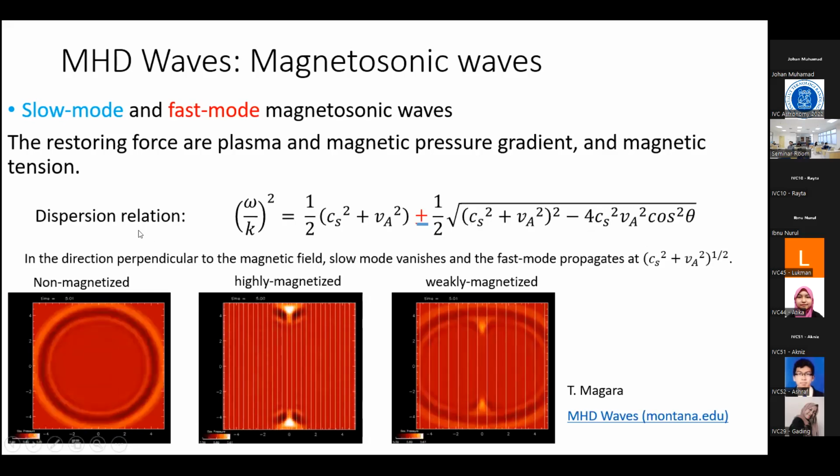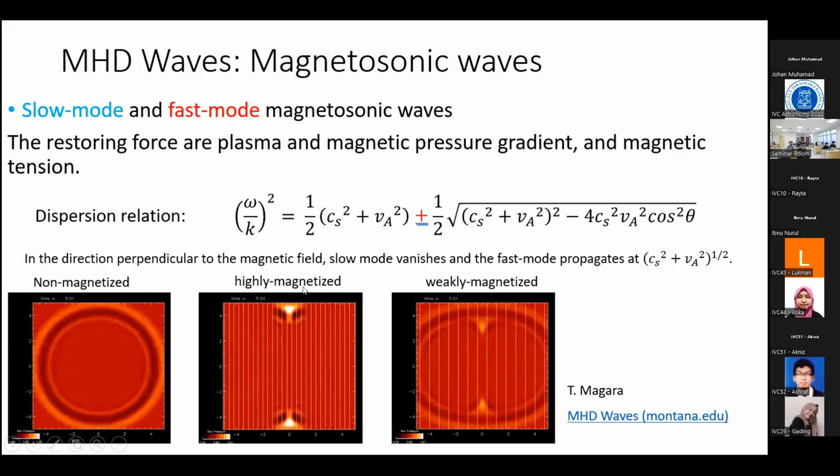So this is the simulation of the magnetosonic wave. This one is for the non-magnetized plasma, so we only have the sound wave. If you have a perturbation here, then the sound wave will propagate in all directions, just like this one.